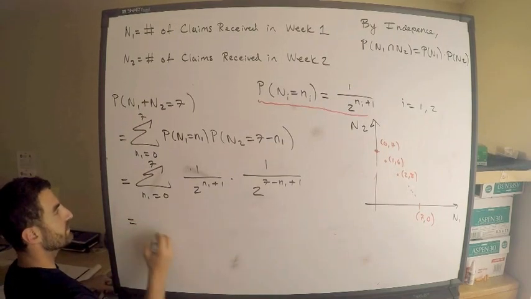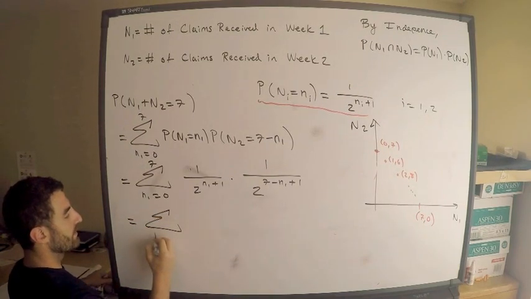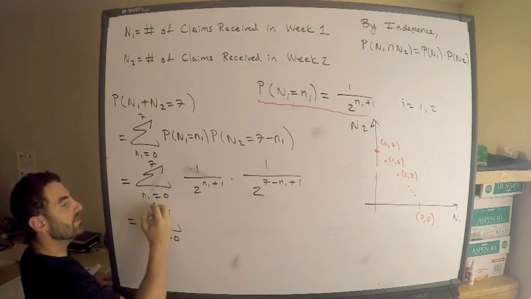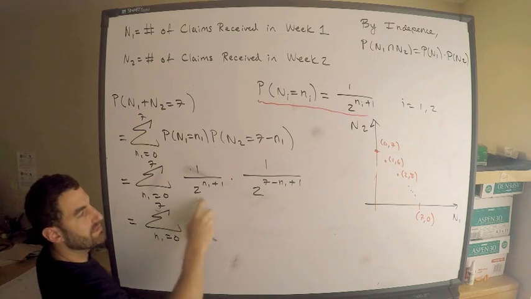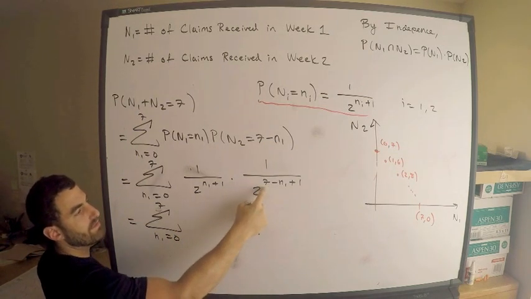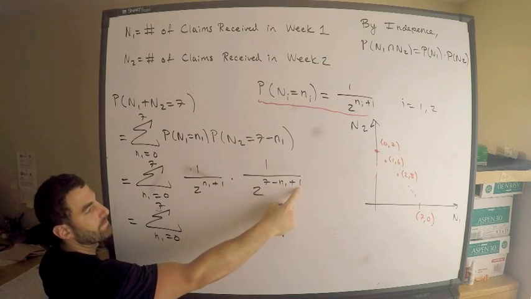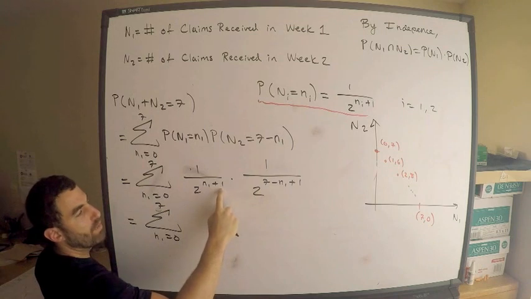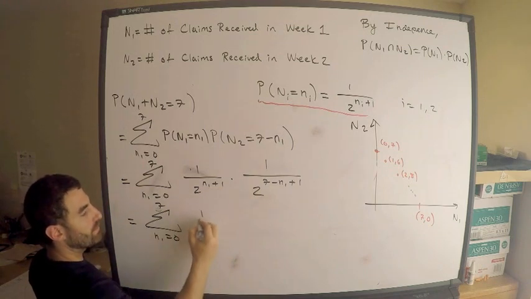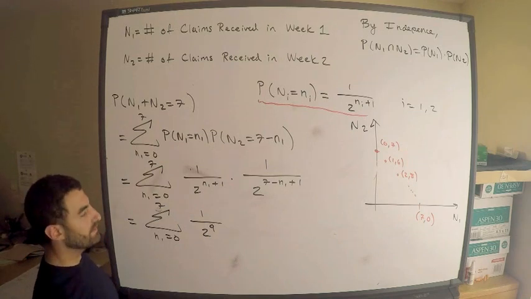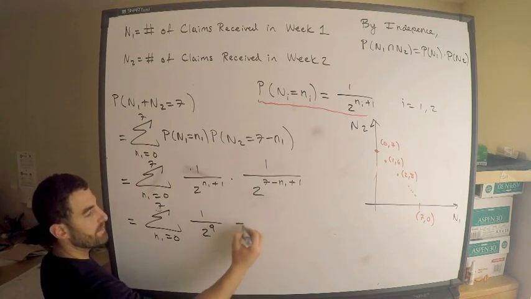So this is equal to the sum n1 equals 0 to 7 of, let's just add the exponents here and combine these, right? So this is 7 plus 1, which is 8, and then I have n1's cancel, and then I have a 1 here. So it looks like I'm getting 1 over 2 to the 9. That's quite convenient. Now, how do I finish this off here?